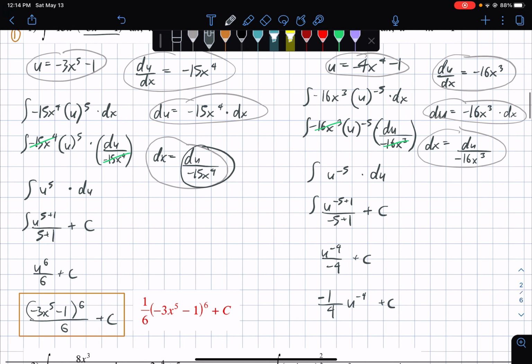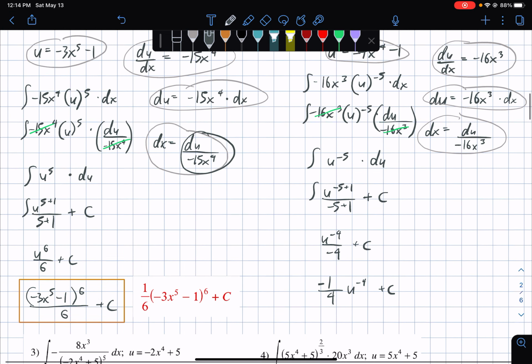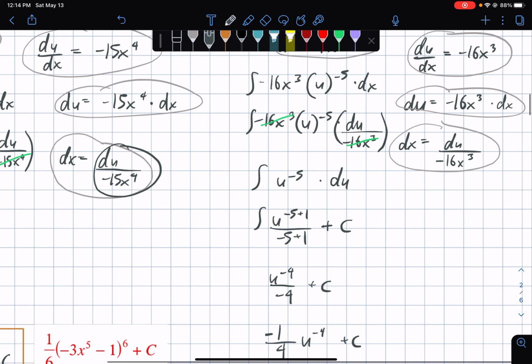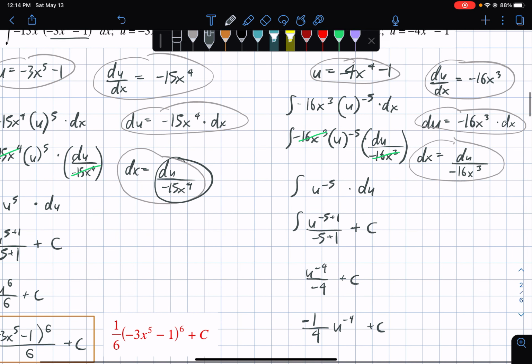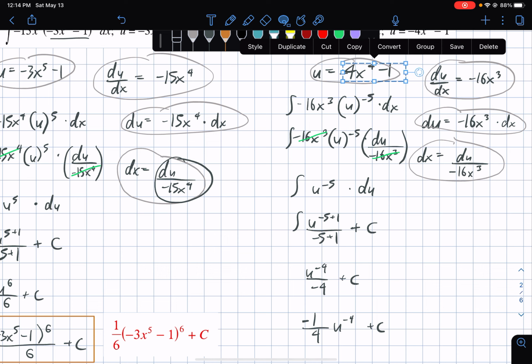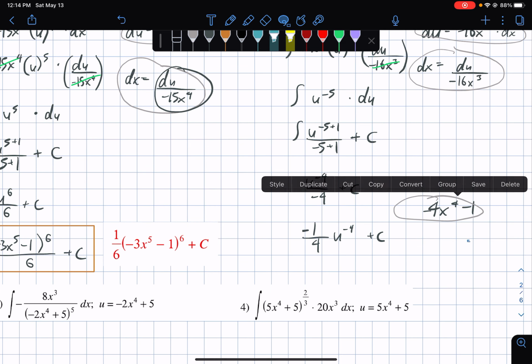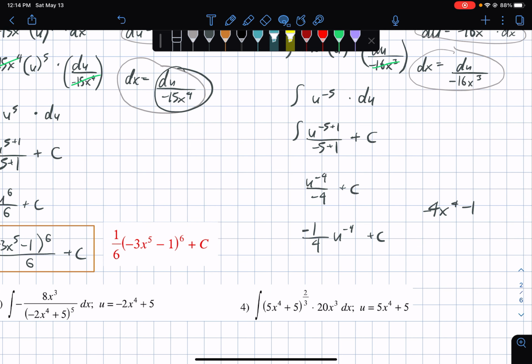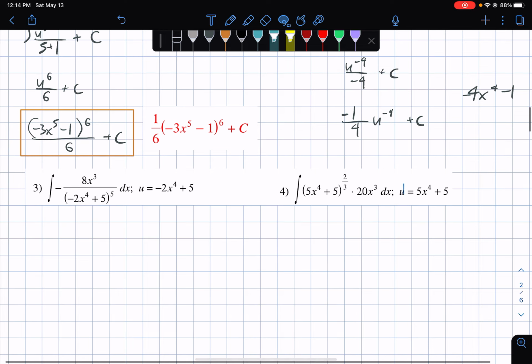Now it's time to express u with whatever it is equal to, which is this one. Need more space.